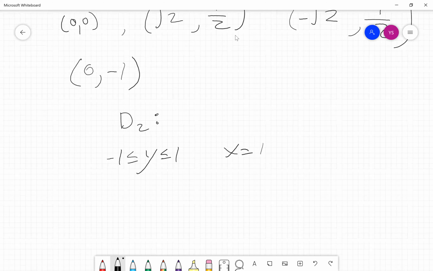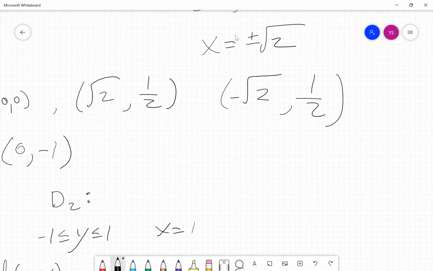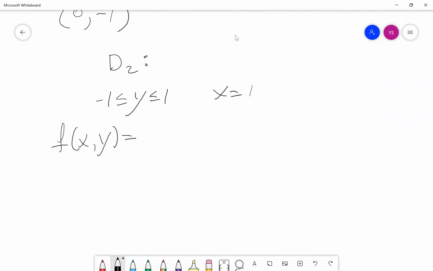So going to our function, our original function was f of x, y is equal to x squared plus 4y squared minus 2x squared y plus 4.